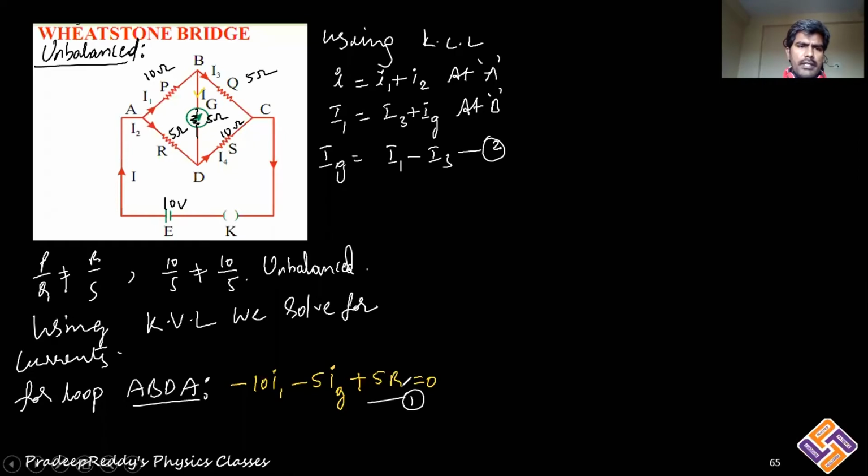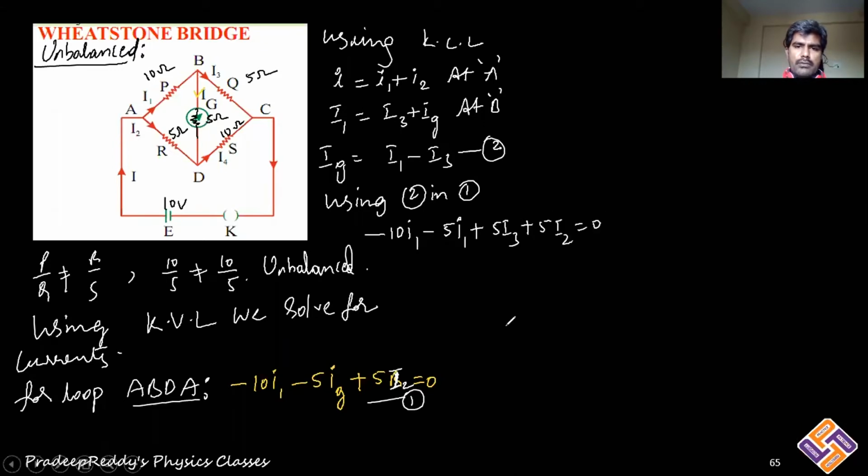And I'm sorry, here it is not 5R, that is 5 I2. Okay, this is I2. So IG I am eliminating, I am writing it as I1 minus I3. So simply you can use this, using 2 in 1. You can write minus 10 I1 minus 5 I1 plus 5 I3 plus 5 I2 is equal to 0.